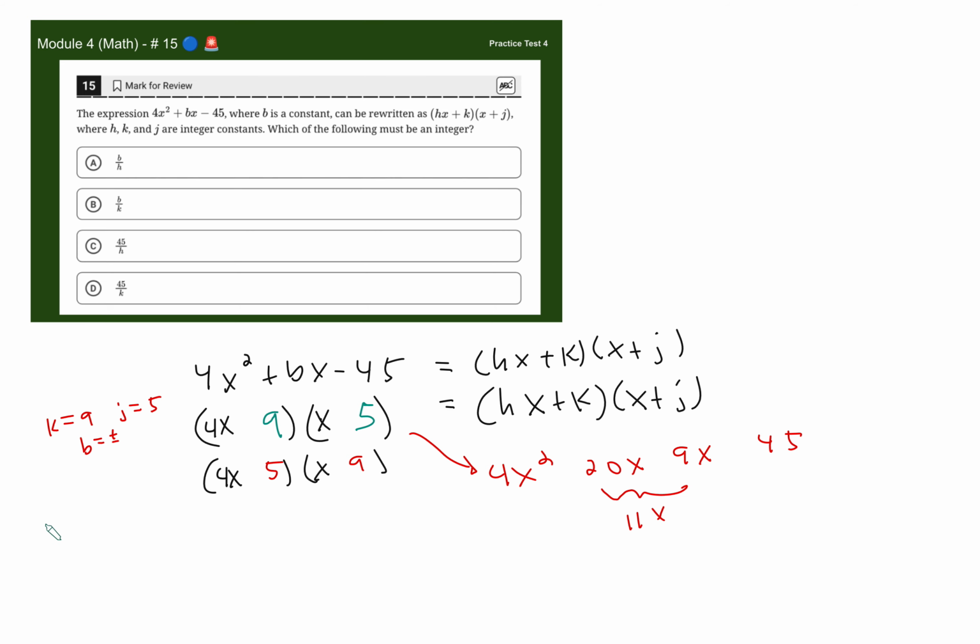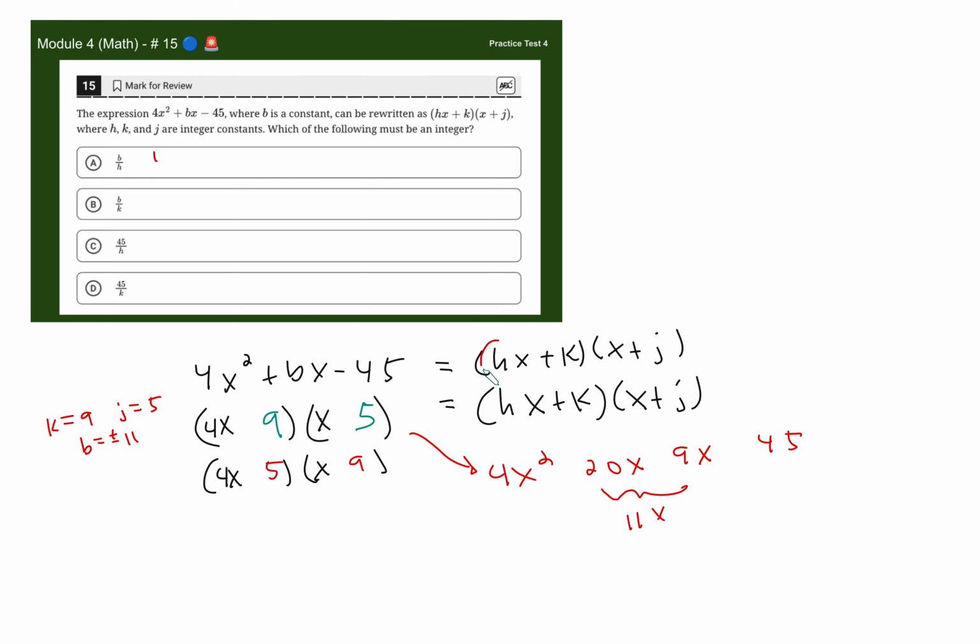So b equals maybe plus or minus 11. Okay, so let's try option A. B over h. Wait, there's my 11. Okay, so for option A, that would be 11 over 5. Wait, where's h? Sorry, I had to write it down, but I didn't mention this. So h is 4, right?